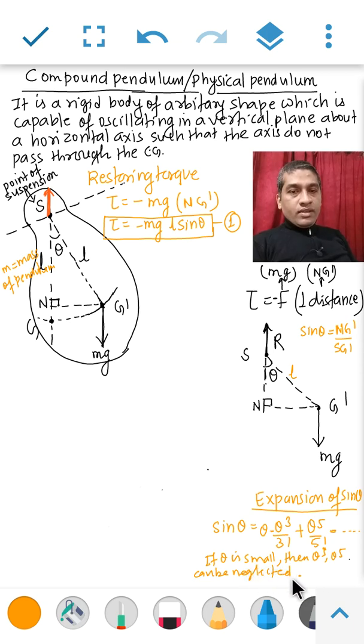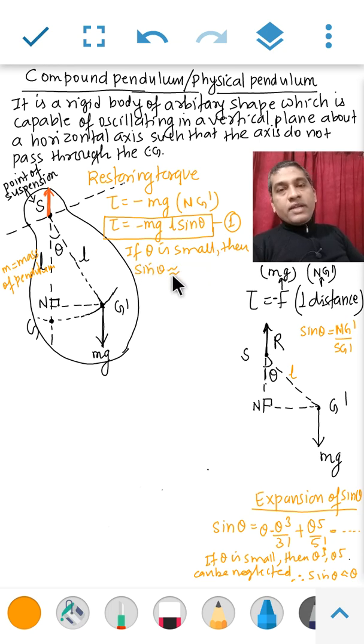Therefore sine theta is approximately equal to theta, and for cos theta, the first value is 1, so if theta is very small, cos theta is approximately 1. So if theta is small, sine theta is approximately equal to theta.